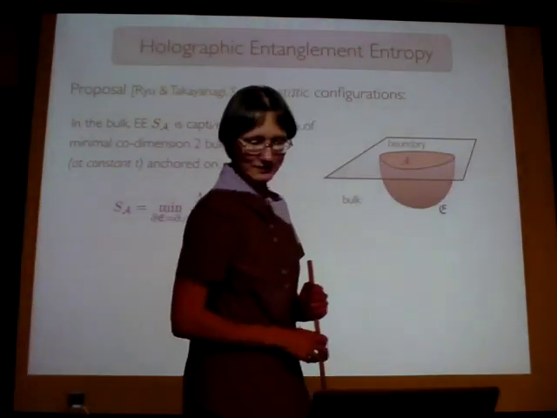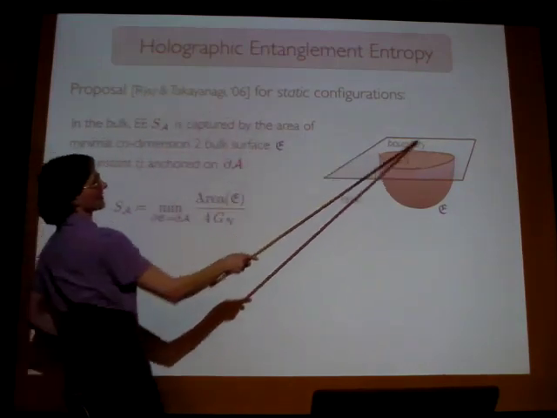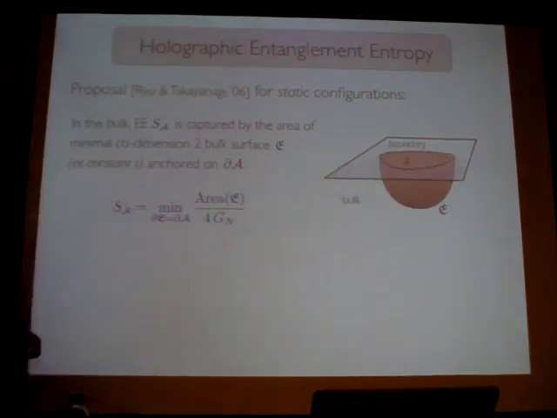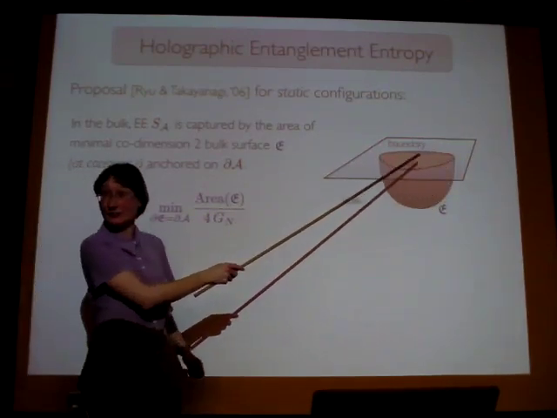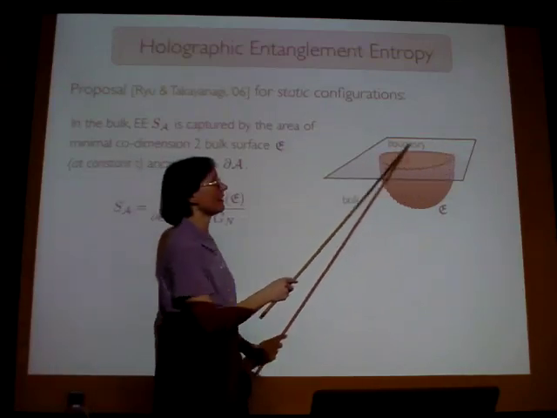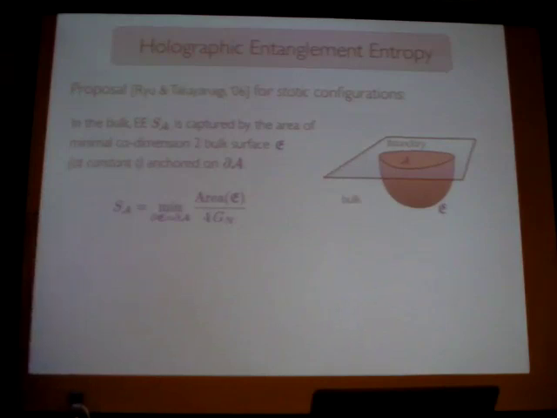So in 2006, Ryu and Takayanagi proposed this for static configurations. They proposed that the entanglement entropy of this region is captured by the proper area of a certain codimension-2 bulk surface, which is anchored on this entangling surface. That certain surface is a minimal one, meaning it minimizes its area at the constant time slice.